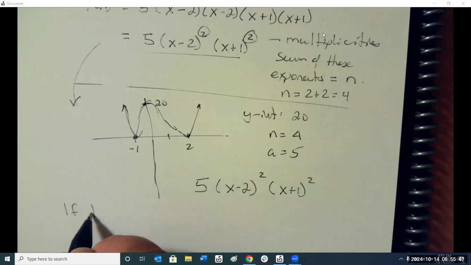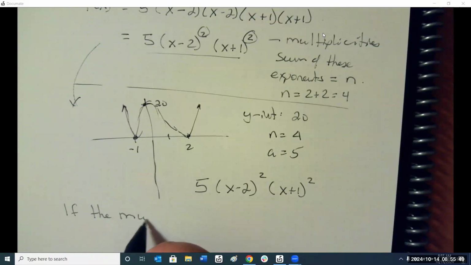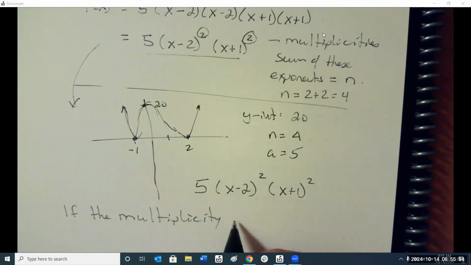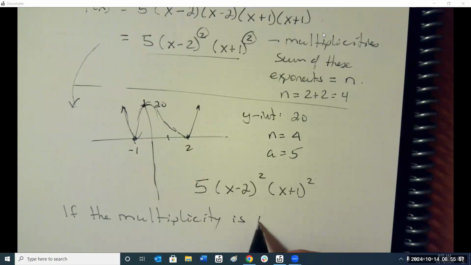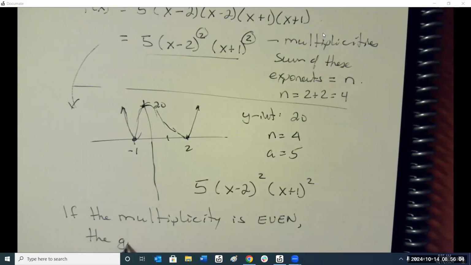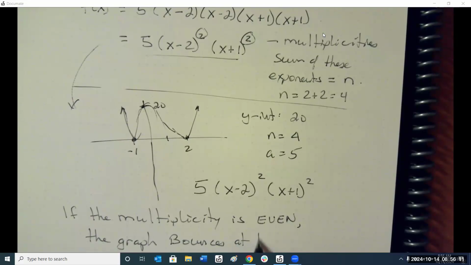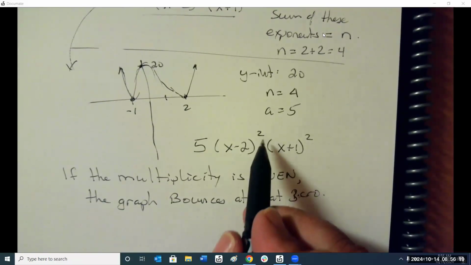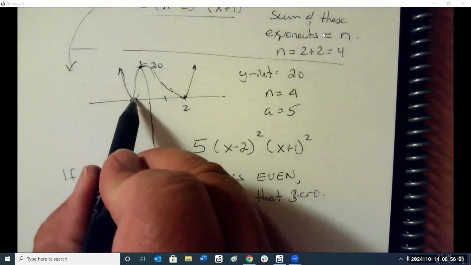If the multiplicity is even, the graph bounces at that intercept, or that zero. So since both are even, it bounces.